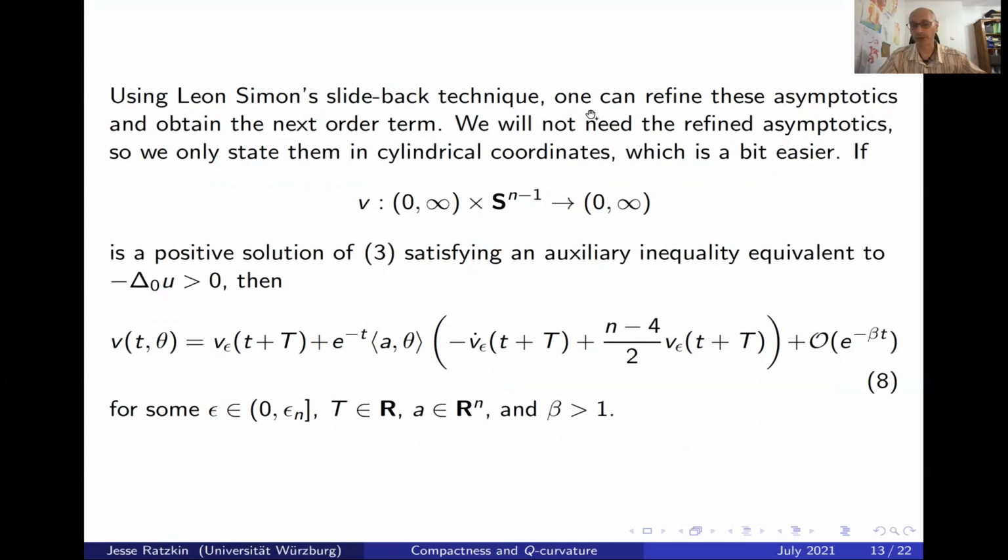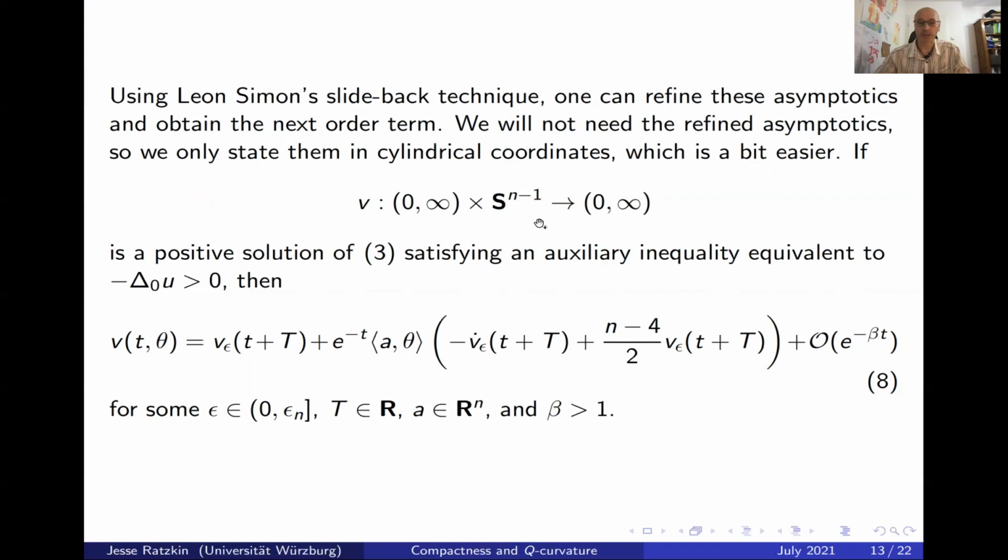One can actually refine this asymptotic expansion and essentially obtain the next order term in the Taylor expansion. We don't need the refined asymptotics for our purposes in this paper, but I'll state them.